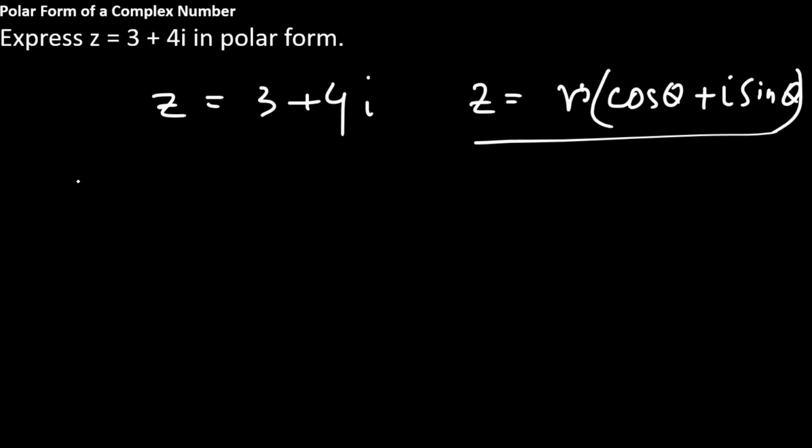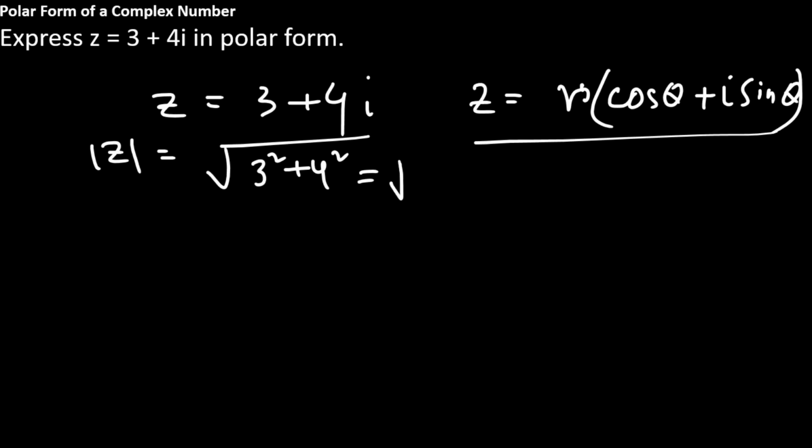So first we need to calculate the modulus of z: root over 3 square plus 4 square equals root over 9 plus 16 equals root over 25 equals 5.